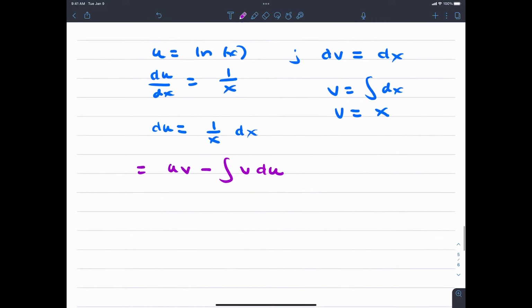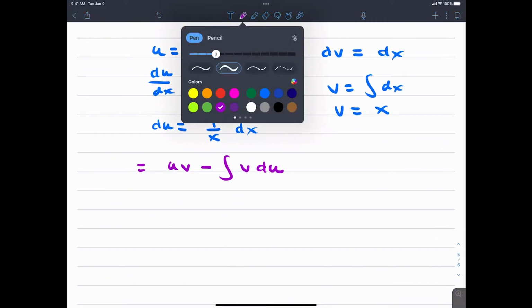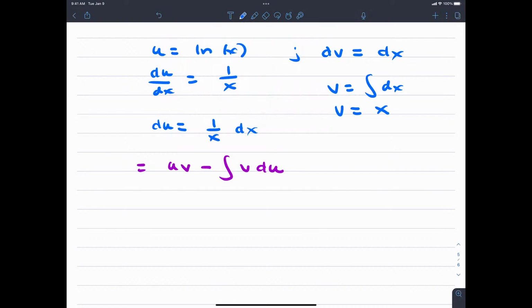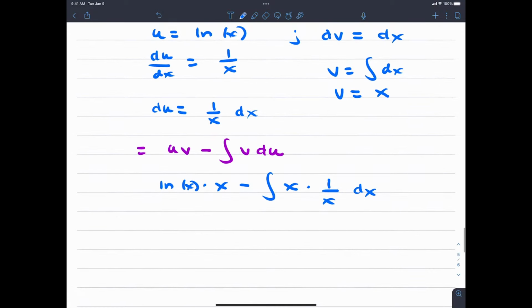All right. So let's put this together. What is u again? It's the natural log of x. So I got the natural log x times my v, which is x, minus the integral of v, which is x, and then du is 1 over x, what? dx. So I switch the order, so I don't think I can multiply my x's together, so you write it as this, and then what happens algebraically speaking? What's x times 1 over x?